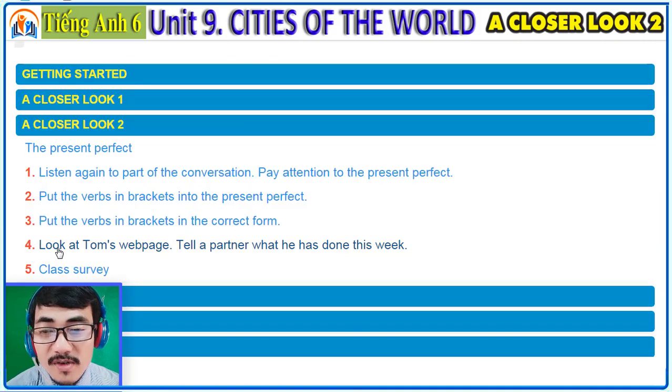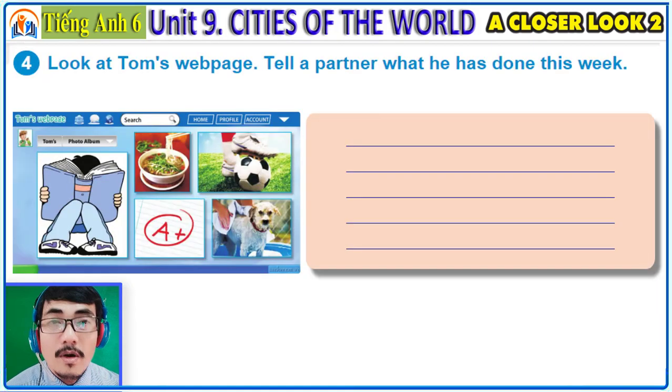We move to activity 4. Look at Tom's webpage and tell a partner what he has done this week. Okay. Alright, here is activity number 4. Here's Tom's webpage. Has done. Okay, so let's have a look. Here, read book. Here, eat noodles or eat pho.